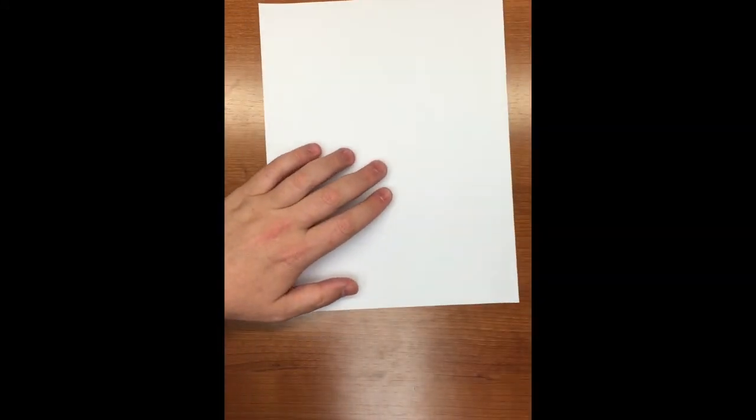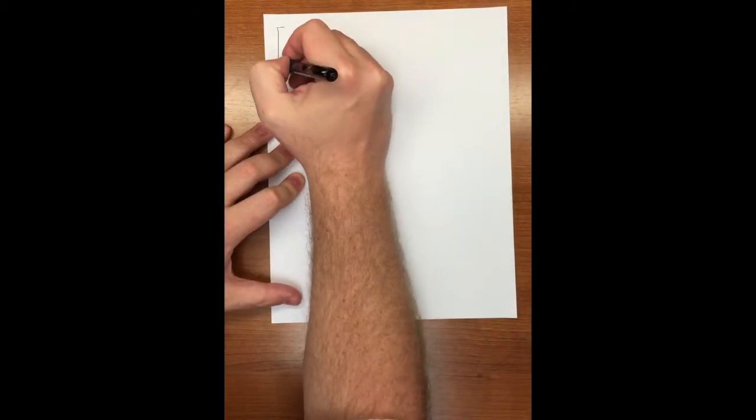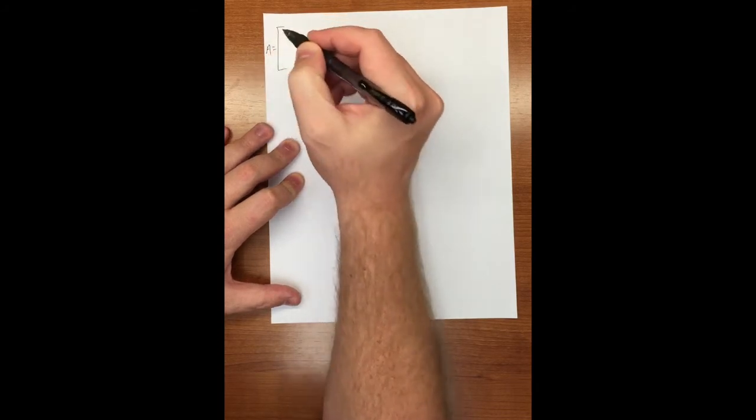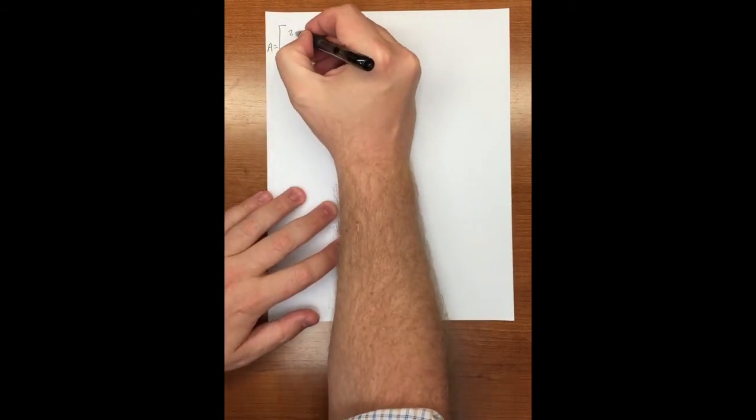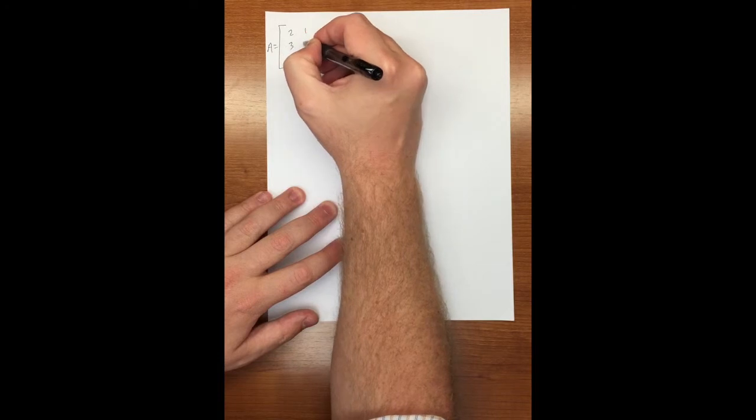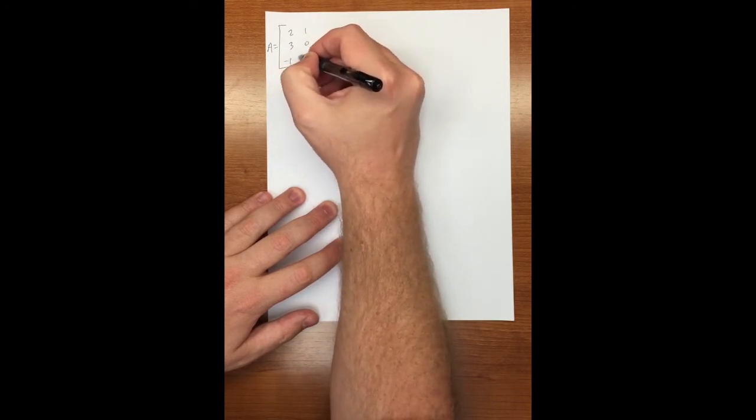Now, the same thing is going to be true when we subtract two matrices. So let's use those same matrices that we just had. We had the matrix A, which looked like 2, 1, 3, 0, -1, and 4.